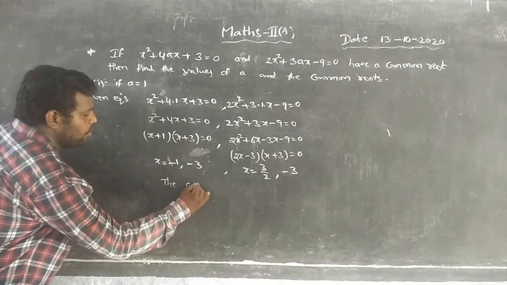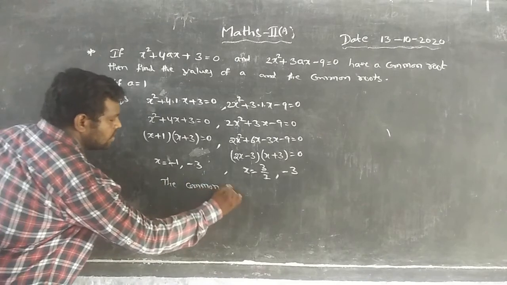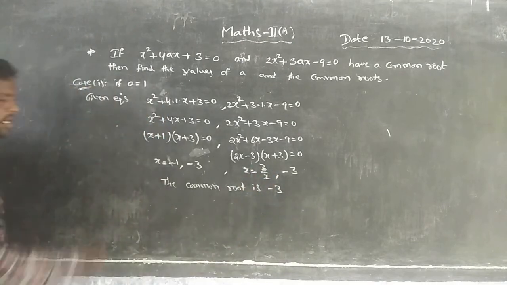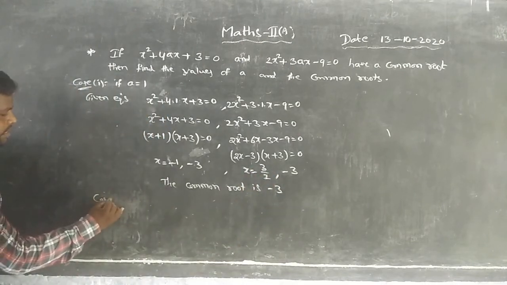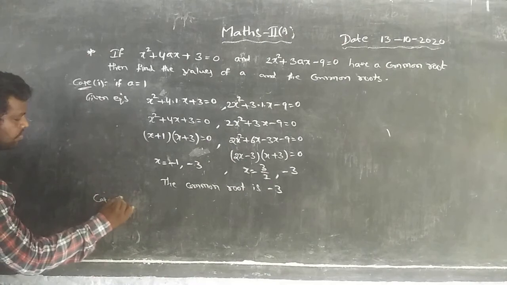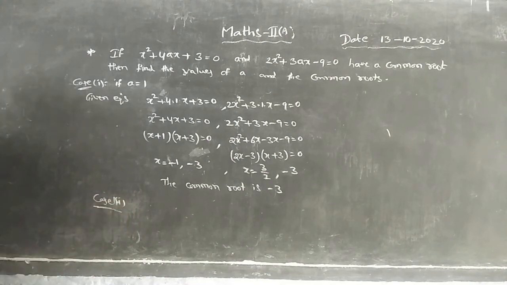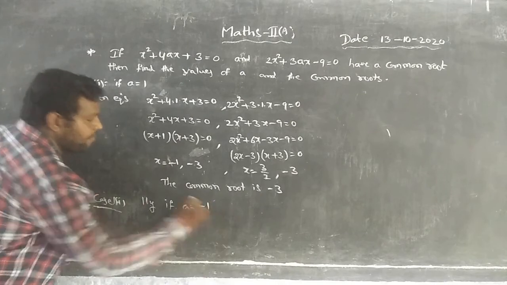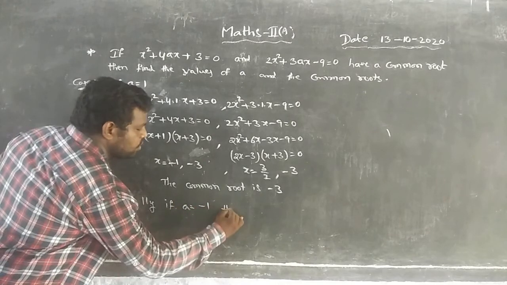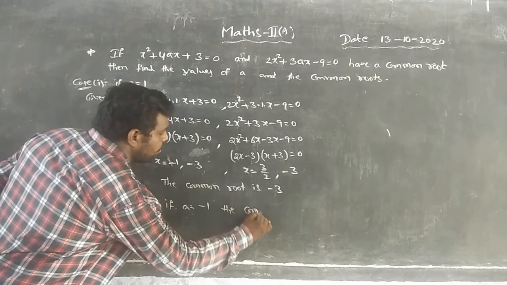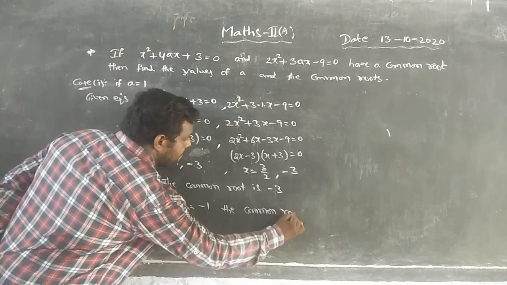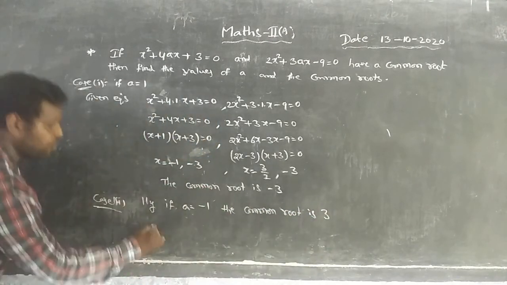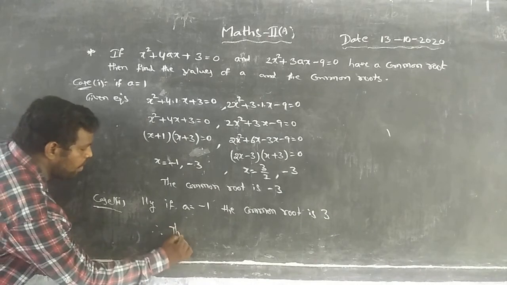So in the four roots, what is the common root? The common root is minus 3. In the second case, case 2, similarly, if a is equal to minus 1, the common root is 3.